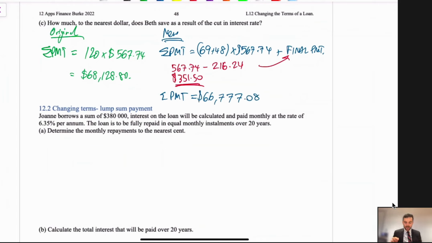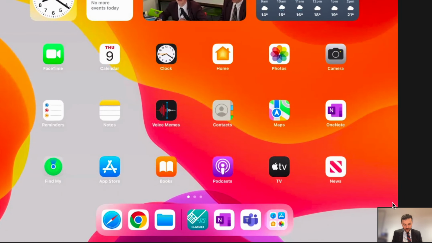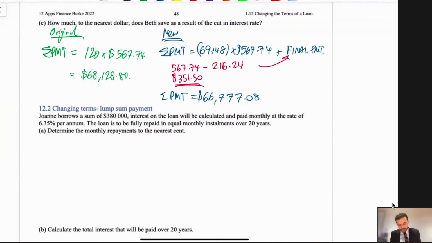So what's the total savings? Take one away from the other, and we can find that answer. 68128.8 minus 66777.08 is 1351.72.